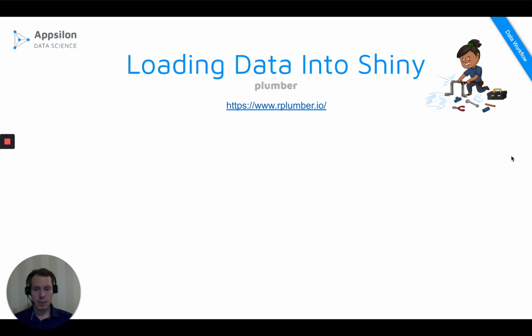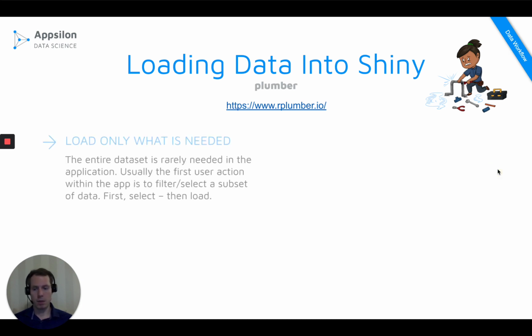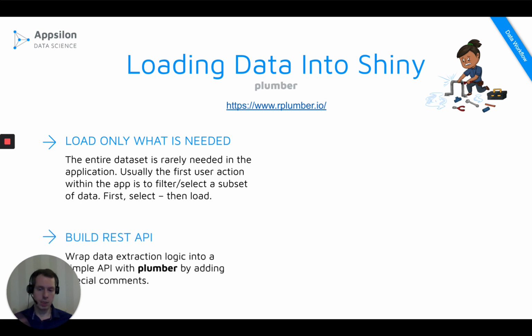The last part about data is how to load it into Shiny efficiently. I recommend the plumber package here because it allows you to load only what is needed. Usually there is no need to load a whole big data set into the application, and Plumber allows you to build a REST API that simply converts your logic into an API, so you can grab what you truly need.